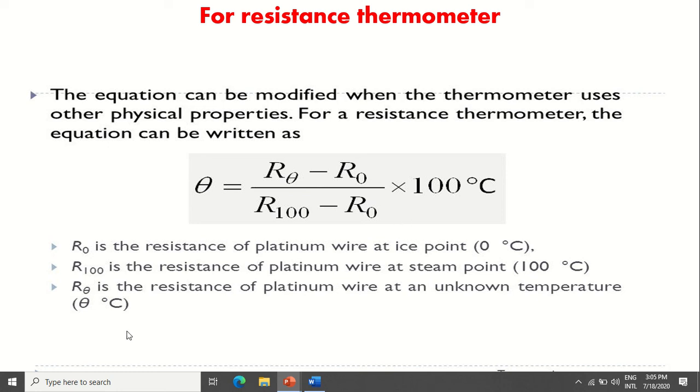And R theta is the resistance of the platinum wire at an unknown temperature theta degree Celsius. Here theta degree Celsius is the unknown temperature, and we have to find out that temperature. For finding out that temperature, we have to follow this formula. So here platinum wire is the thermometric substance, and resistance is the thermometric property, which changes with the change of temperature.